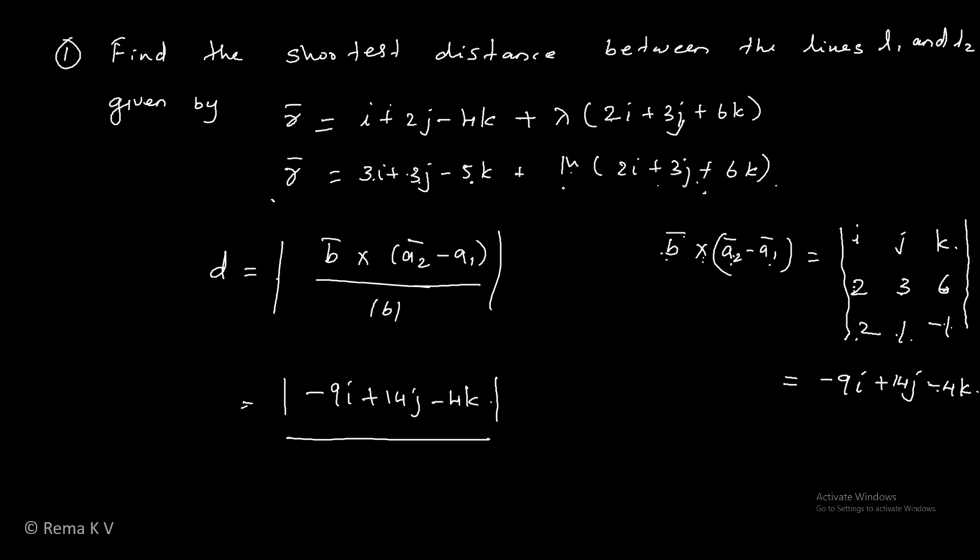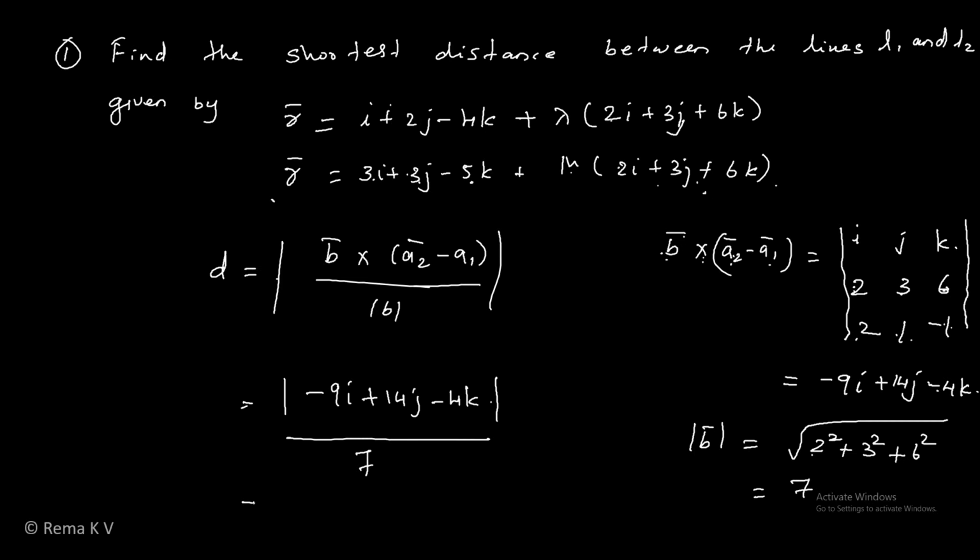Modulus of vector b equals root of 2 square plus 3 square plus 6 square, since b is 2i plus 3j plus 6k. It is equal to 7.